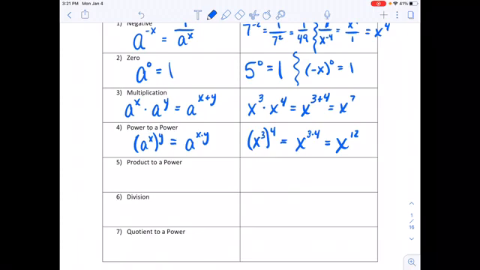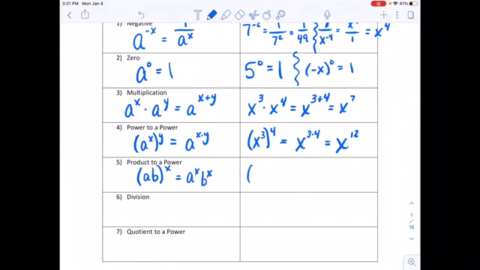Then we have product to a power. We have two different bases inside of a parenthesis with an exponent on the outside. This is sort of like a distribution of an exponent where we take this x to each term on the inside of the parenthesis. So we have a to the x times b to the x.